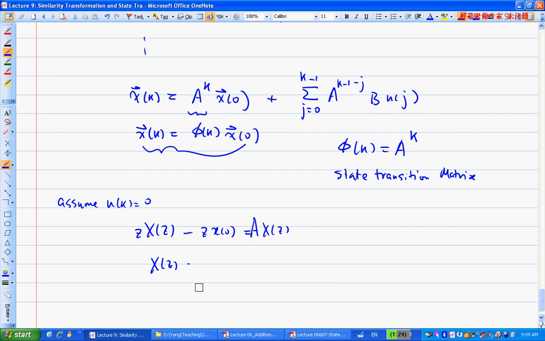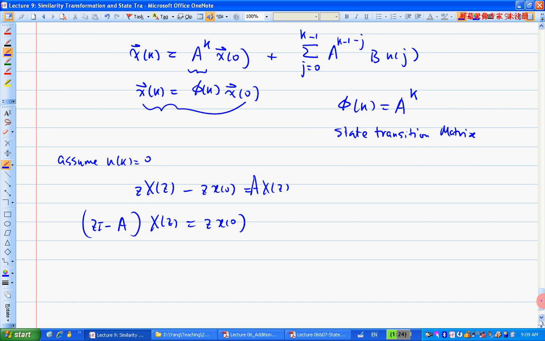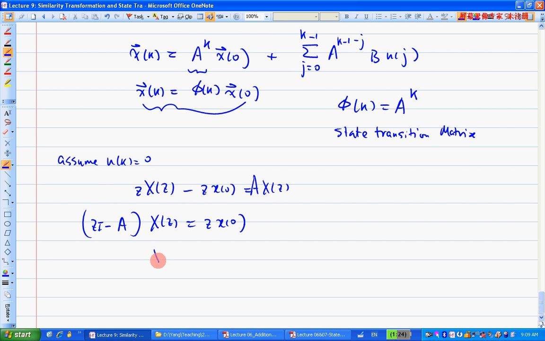so maybe I'll write one more step here. Equal to this, then you invert this guy here, that gives us X of Z equal to, you can take the Z in the front there, Z times (ZI minus A) inverse X of 0, right? And the inverse Z transform of X of Z gives us what?